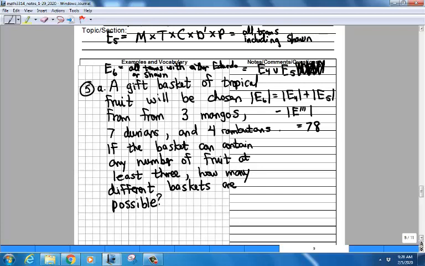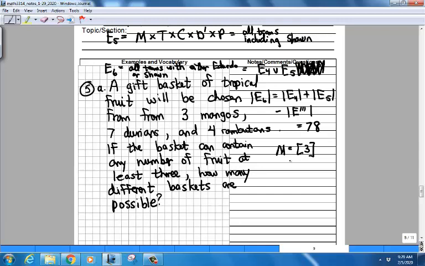So how in the world are we going to model this? We have to make this first, like say M is mangoes, D is durians, R is that third thing, and just set the cardinality of. Okay, so I would go for that, just as a start. So you want to let M be what now here? 3.